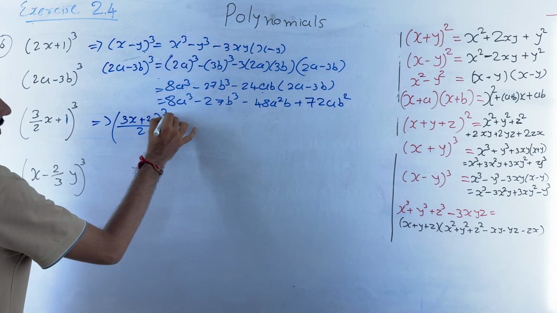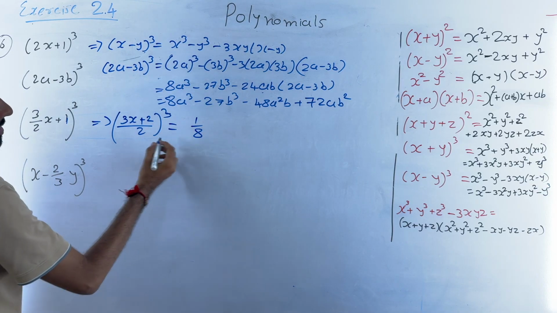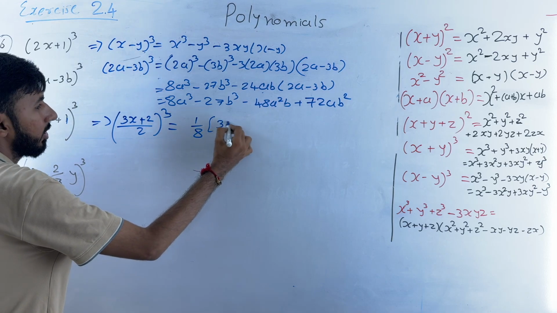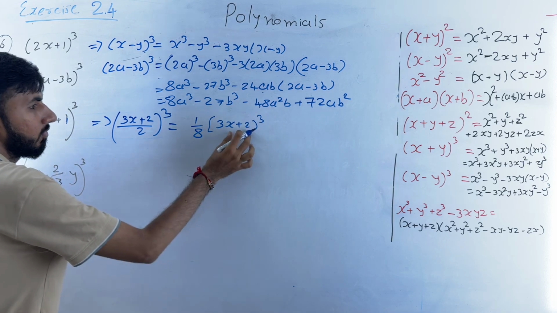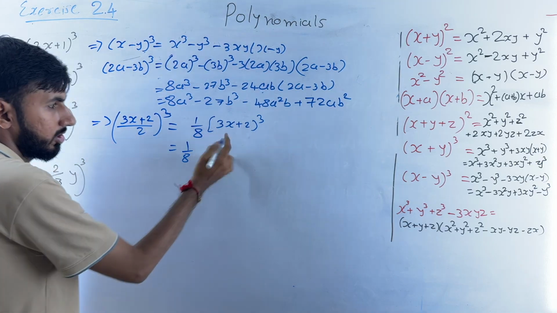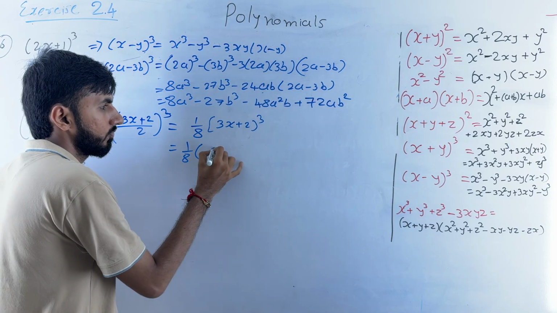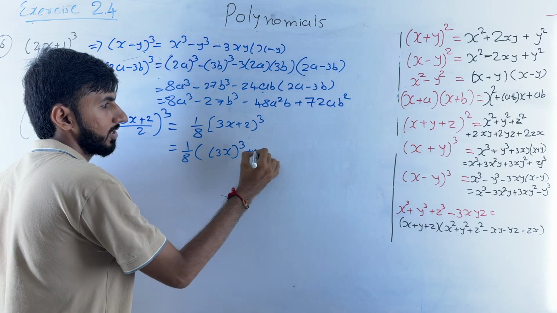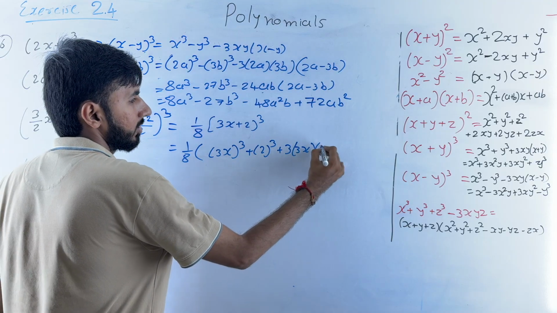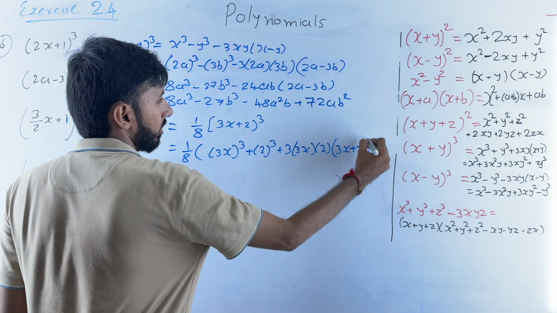Now, if I separate it, I can write 1/8 here, because (1/2)³ will be 1/8. In the second bracket I write (3x + 2)³. I will apply the identity on this, right? If I apply the identity on this one, (x + y)³, my answer will be x³, that is (3x)³, plus y³, that is 2³, plus 3 times x, that is 3x, times y, that is 2, times (x + y), right?